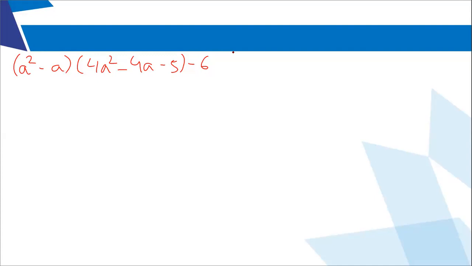What is the answer? Ma'am, a minus 2 in one bracket, in another bracket a plus 1, in another bracket 4a square minus 4a plus 3. No, ma'am. The last one can be broken into 2a plus 1 and 2a minus 3.